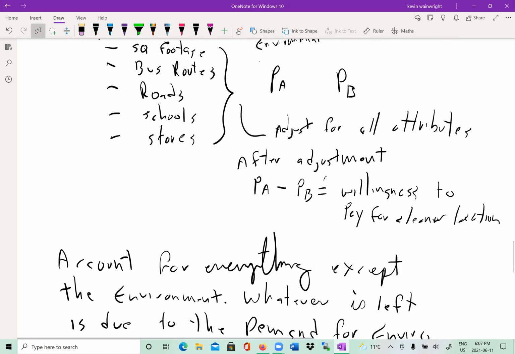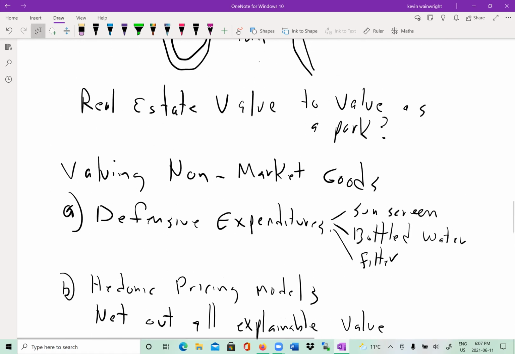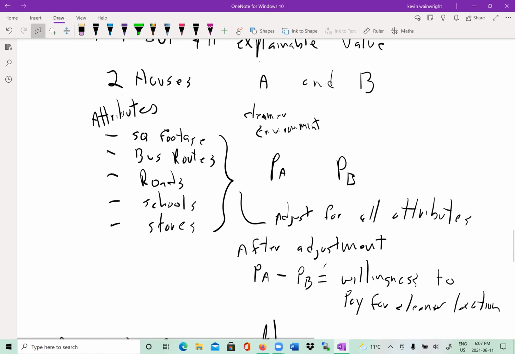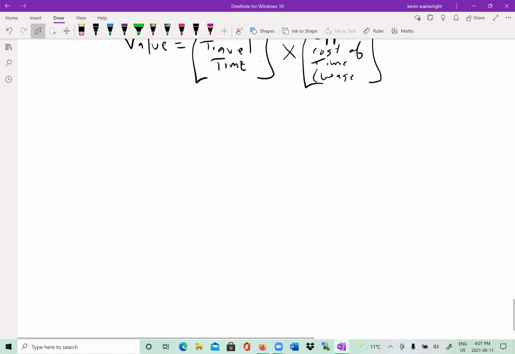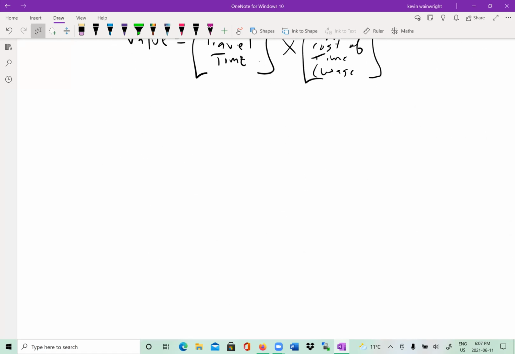So three methods so far: A is defensive expenditures, B is the hedonic pricing approach, C is travel costs, and then D is direct survey data. Okay.